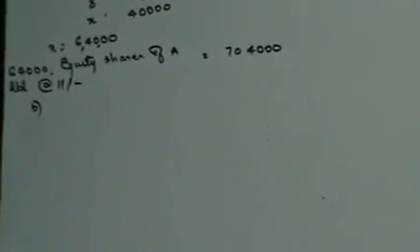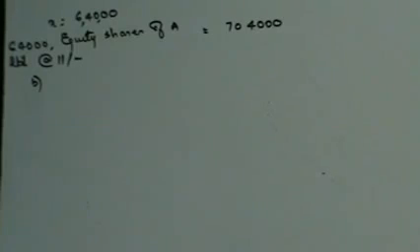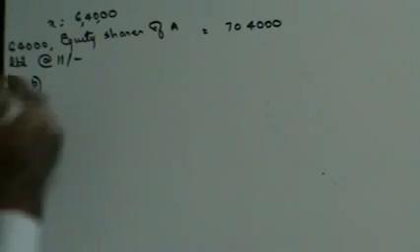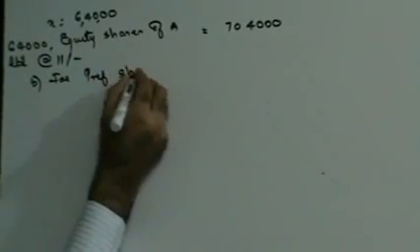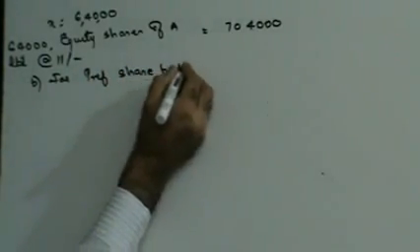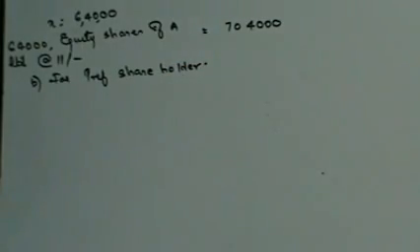Next, 11% preference shareholders of B Limited will be issued equal number of preference shares in A Limited of rupees 100 each at 105 per share. For preference shareholders, they would be issued equal number.